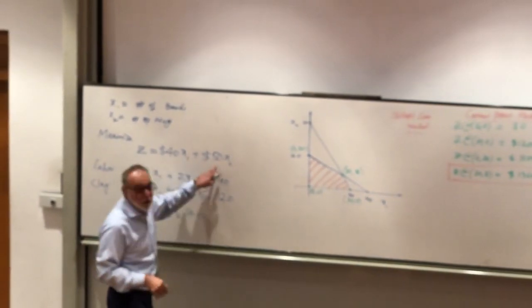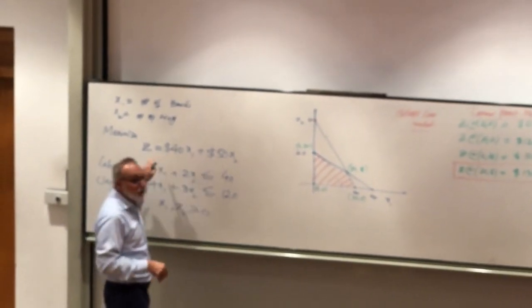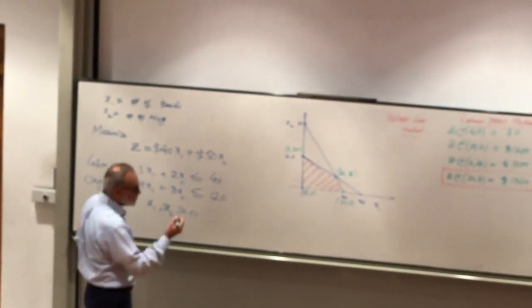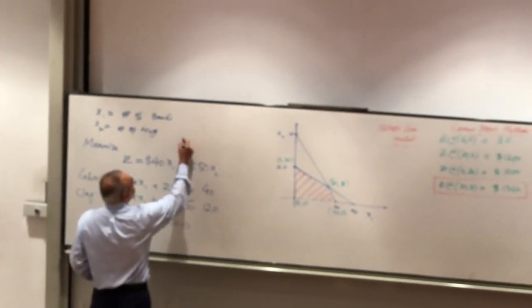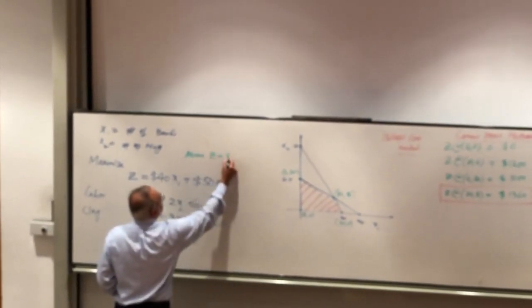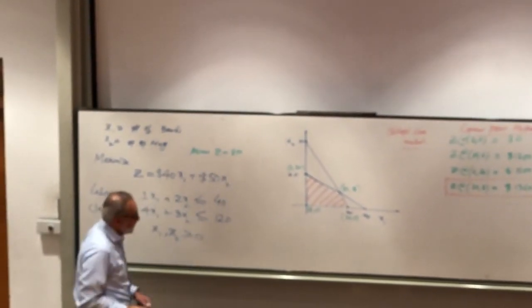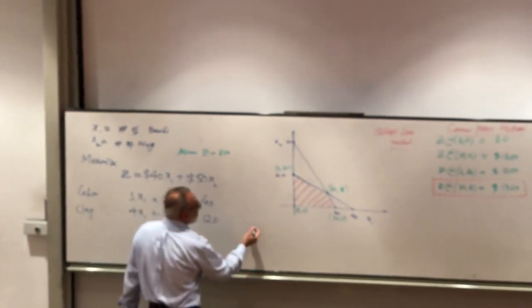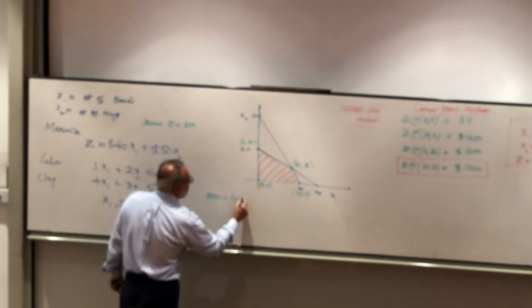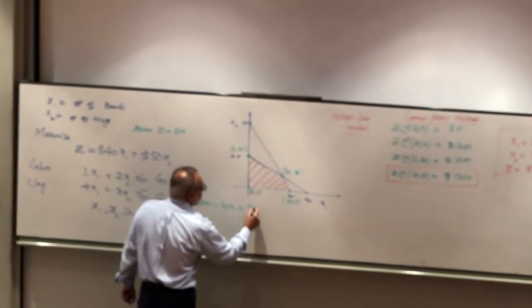Since this is also a straight line, make z equal to, let's say, 800. Assume z is equal to 800 and solve this equation. Find out x1 and x2. 800 is equal to 40x1 plus 50x2.